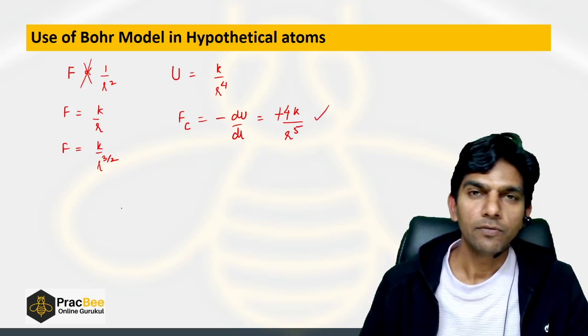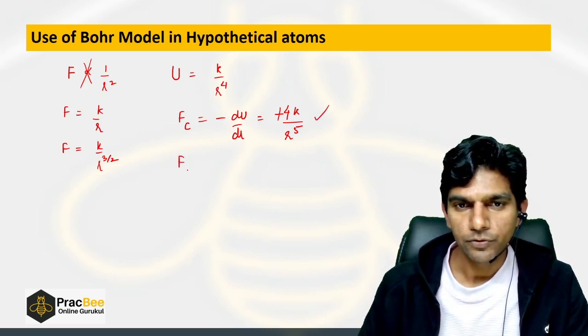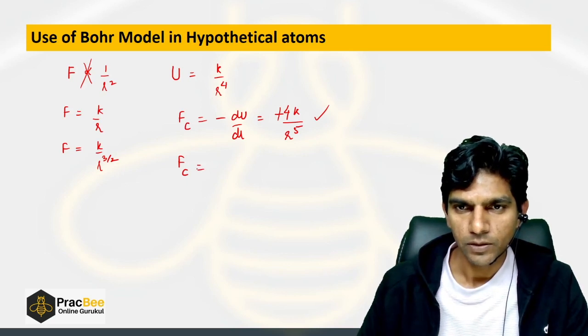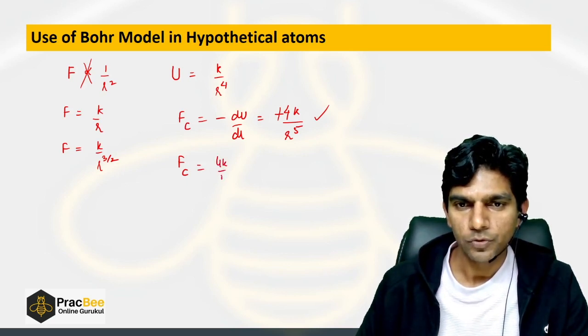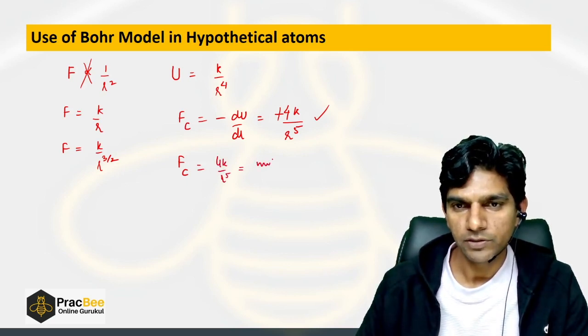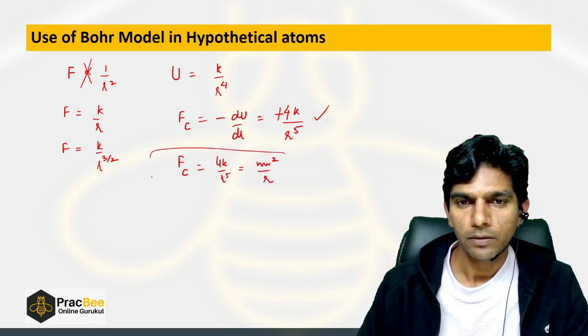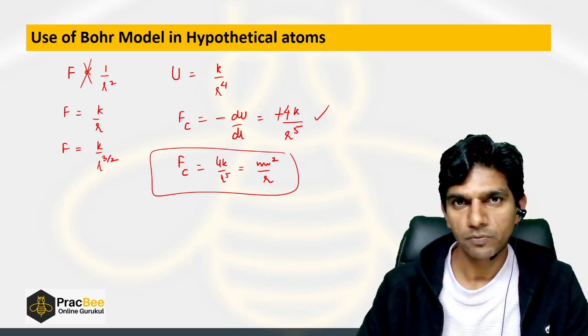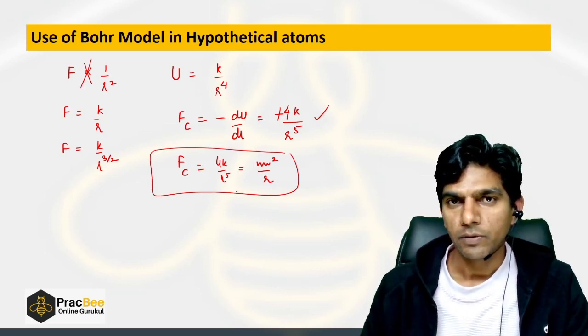So like this we can find the force. Then we equate this force to the centripetal force, right? So 4K by R raised to power 5 we equate to mv square by R, and then we'll again do the same derivation that we have done in the previous part of the video, and we can again form the relation.